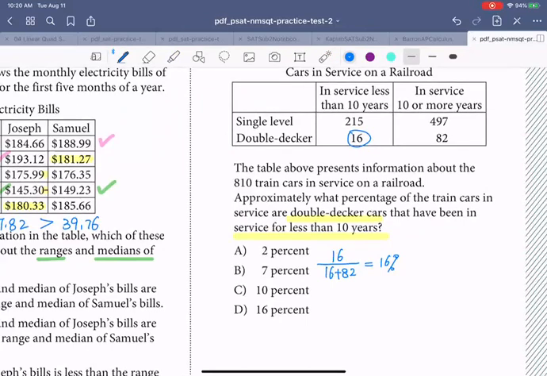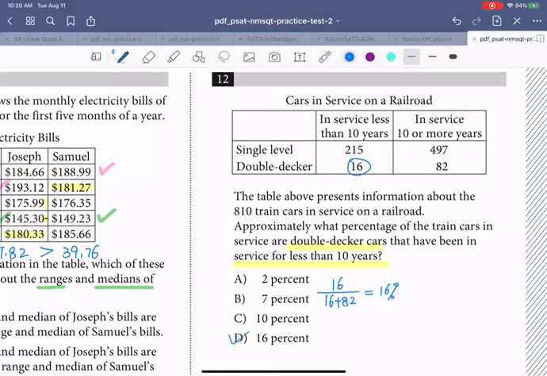Yes. Okay. If they change the question, if they say approximately what percentage of the train car, okay, what percentage of the double deck cars in service less than 10 years among all the cars, then you are using 16 over 810, okay?